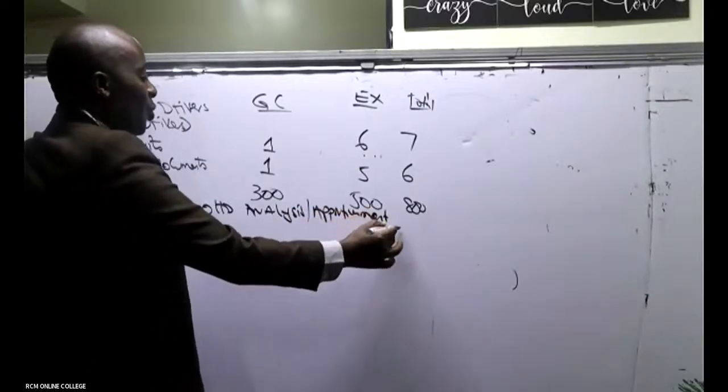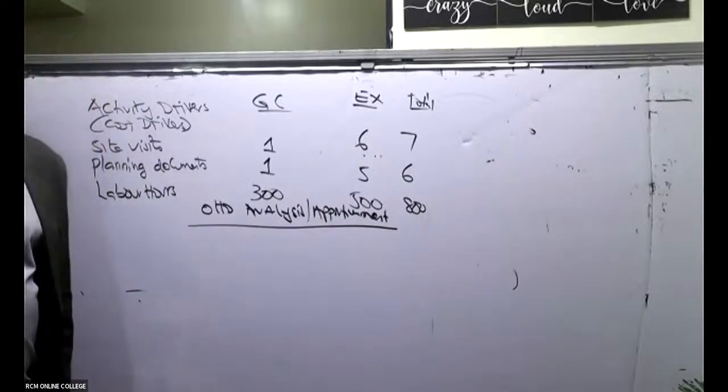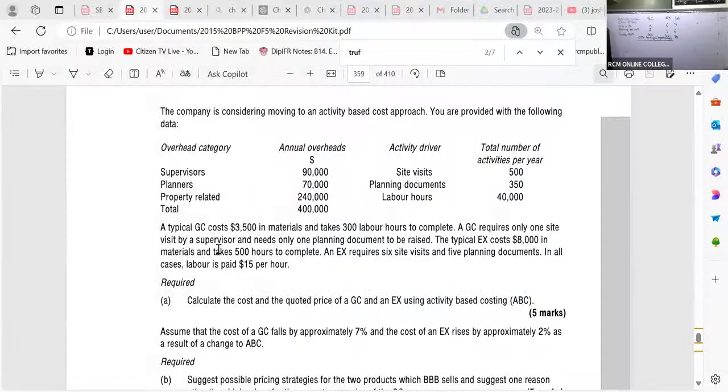So we have 3 overhead items. Which ones are they? We have supervisors. Apart from supervisors, we have planners. Apart from planners, we have property related.